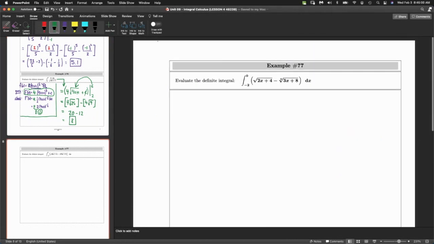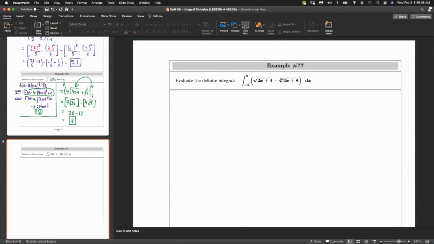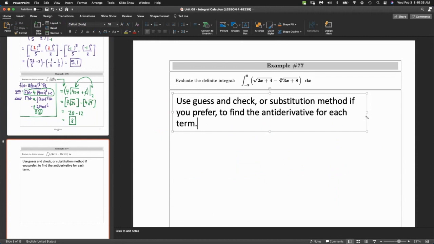So for this one here, this one is very involved because it's guess and check twice. So I'm gonna just state what the antiderivative is because that takes up most of the question actually. That's how I would do this question. I would use guess and check for each of these. So for this one here and for this one here, I would do what I did in the previous question.